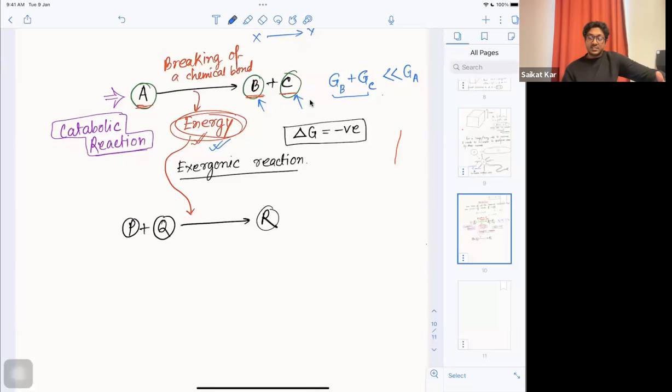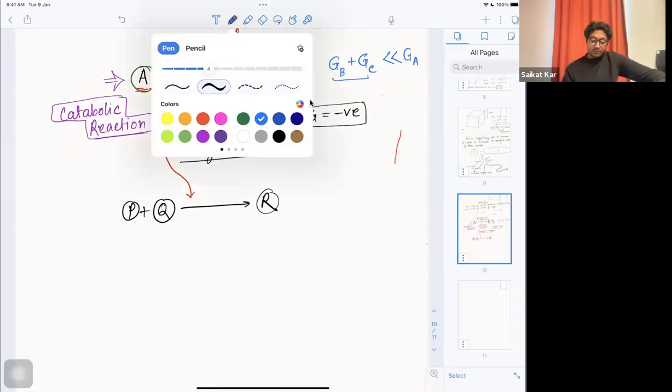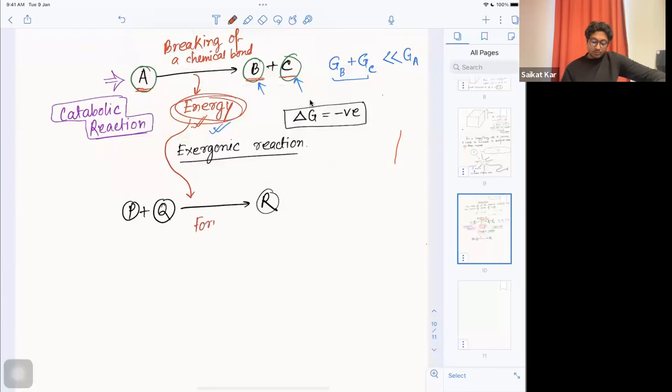But in the cell it is possible because the cell can store energy in the form of ATP, and then this ATP can transfer energy to another reaction. Now in this reaction, there is a formation of a chemical bond. So to form a new bond, you need energy.